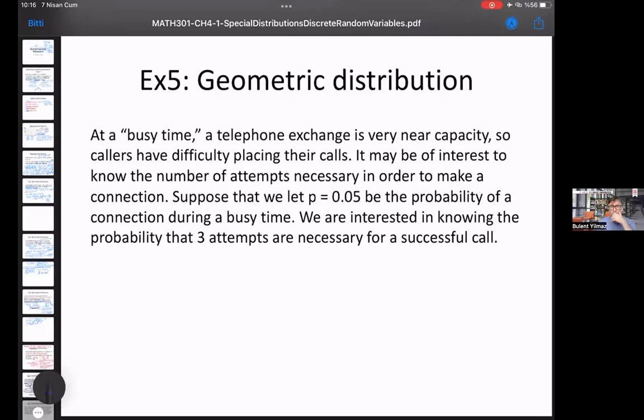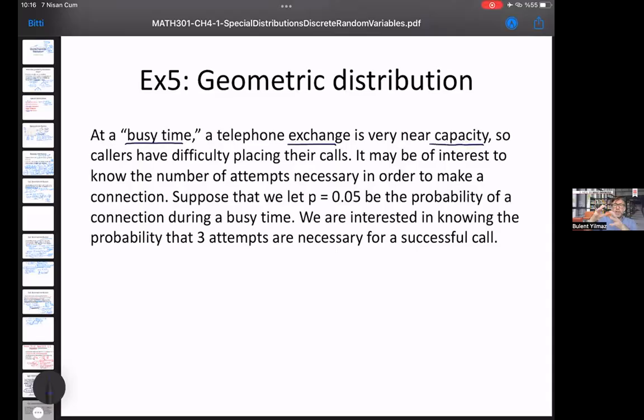Okay, guys, it's your time to check that. Let me read the question carefully for you. At a busy time, a telephone exchange is very near capacity.